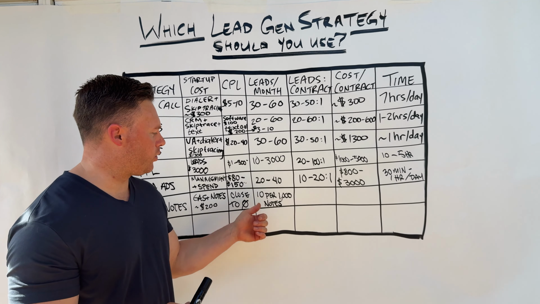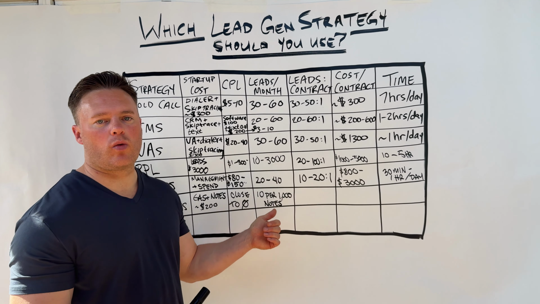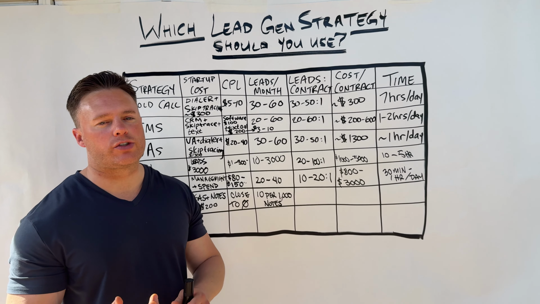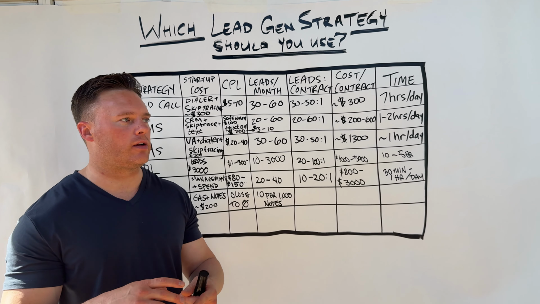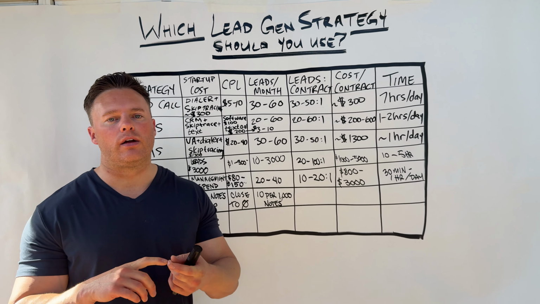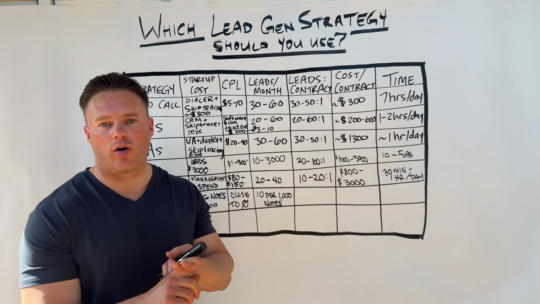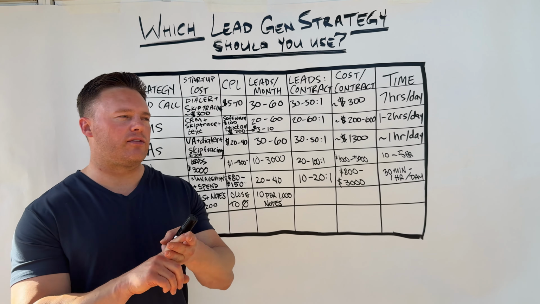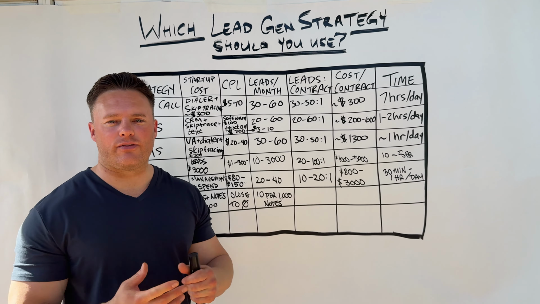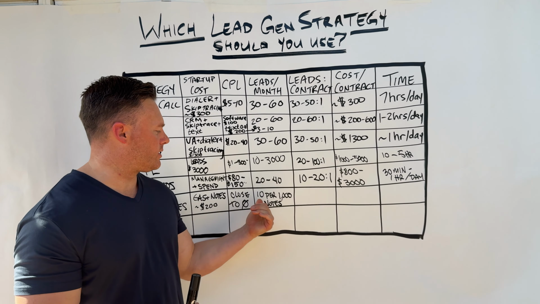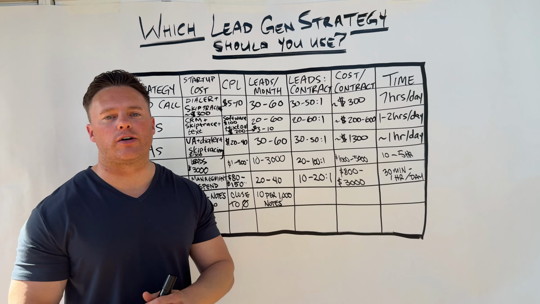So leads per month, we have at 10 leads per 1,000 notes left, which can also vary depending on the neighborhood that you're knocking, the distress level of the homes that you're choosing, investor activity. Many different variables go into this 10 per 1,000 notes.